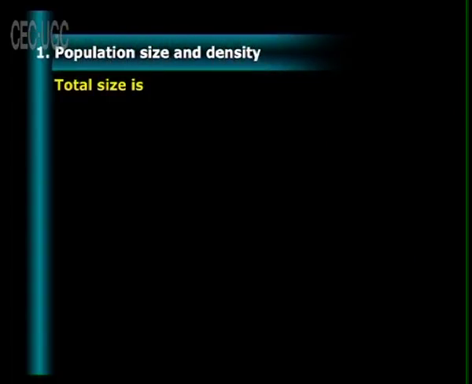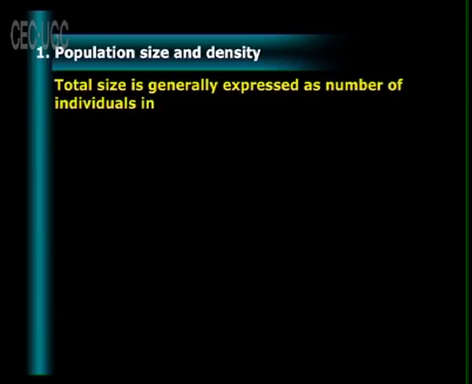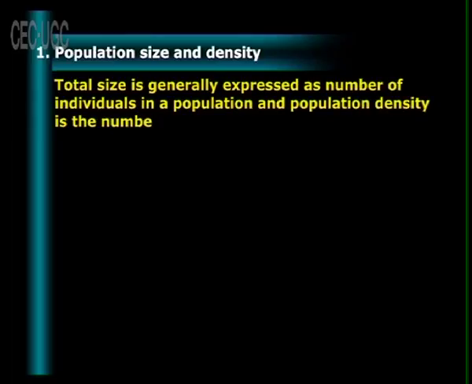Population has 5 important characteristics. Number 1, population size and density. That means total size is generally expressed as number of individuals in a population, and population density is the number of individuals per unit area or per unit volume of the environment.